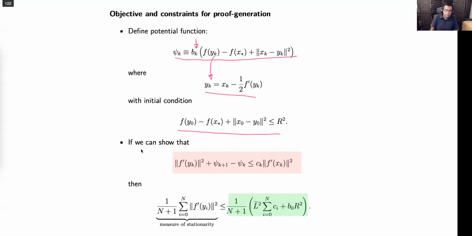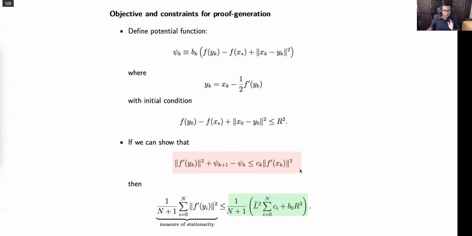If we can show that our chosen potential function satisfies this specific inequality, where c_k is again an unknown parameter, then by doing a telescoping sum, we can show that the average Moreau envelope gradient norm squared, which is a measure of stationarity, would be less than or equal to 1 over N plus 1 times this term, which contains both c and b. And L tilde, remember, is essentially L over rho.